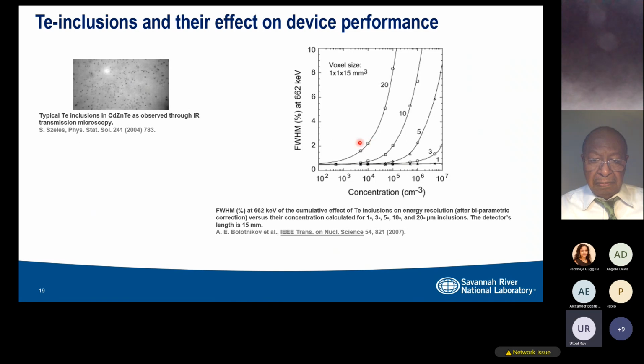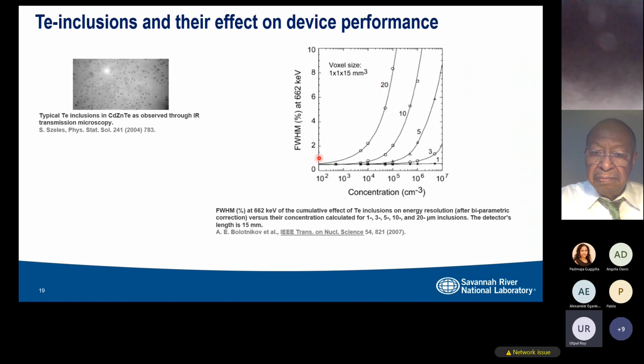That means if you want a detector with 1% resolution, you cannot have that many, 10 to the power 4 per centimeter cube, tellurium inclusions with size 20 micron. So these are basically killing defects for getting a high quality detector.